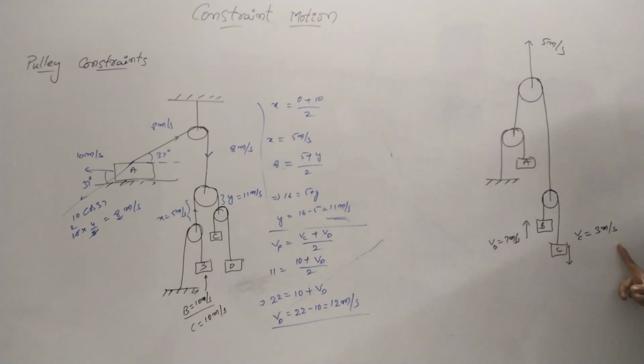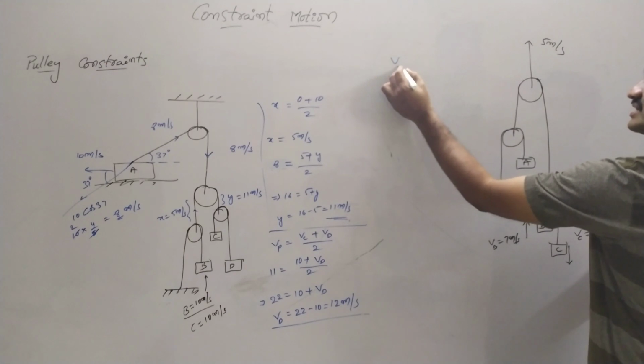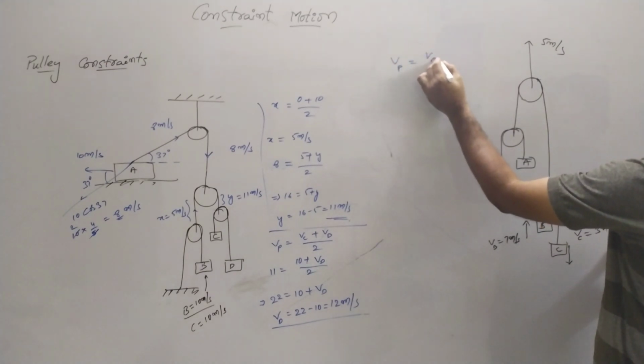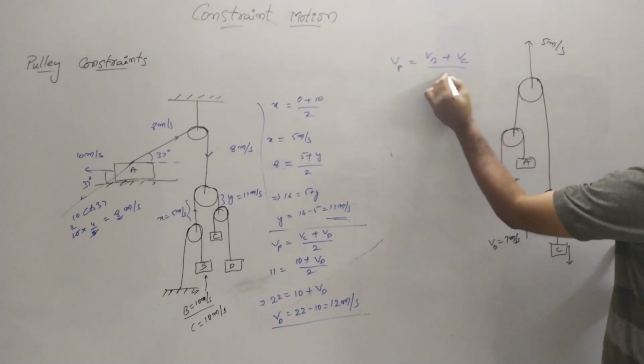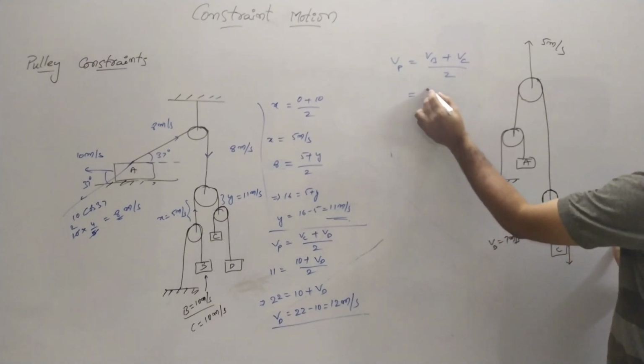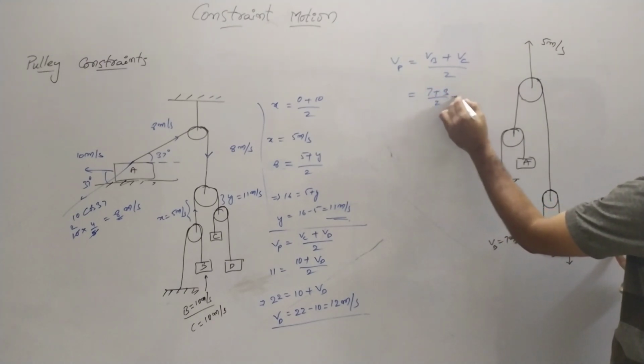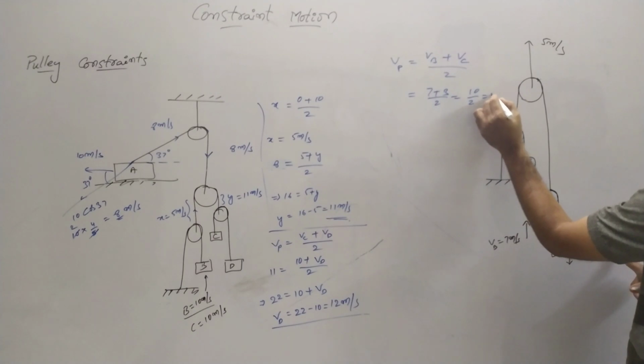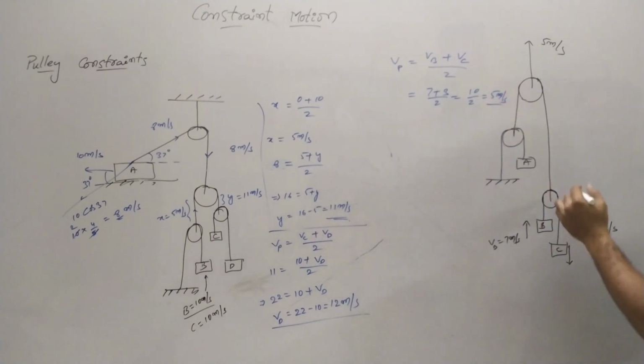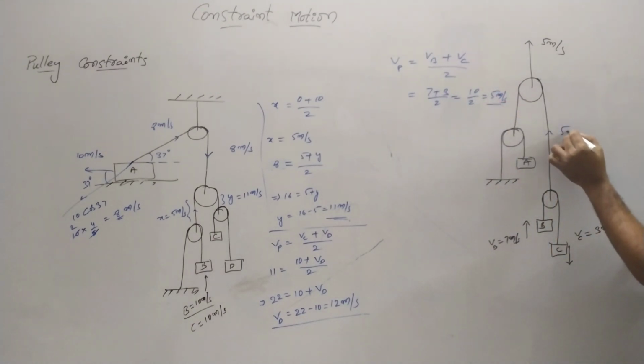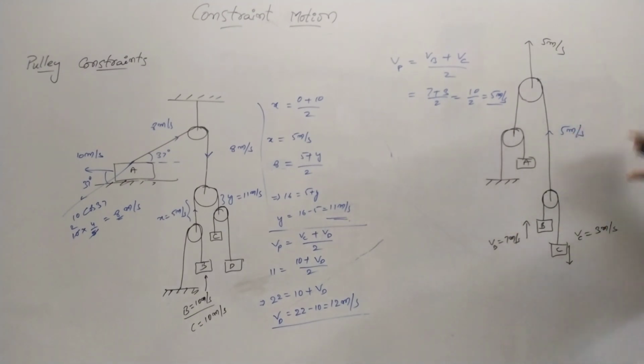The velocity of the block C is 3 meter per second. Again we have the velocity of the pulley equals the velocity of the block B plus the velocity of the block C, by 2, which is nothing but 7 plus 3 by 2, which equals 10 by 2, which equals 5 meter per second. So here the string possesses a velocity of 5 meter per second.